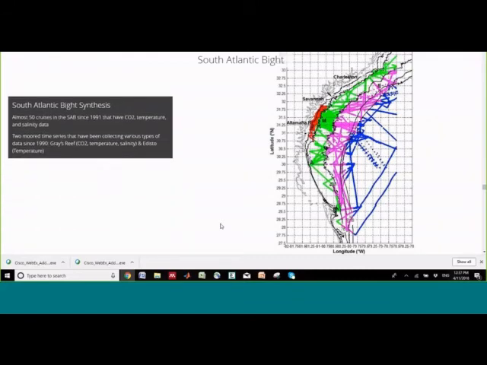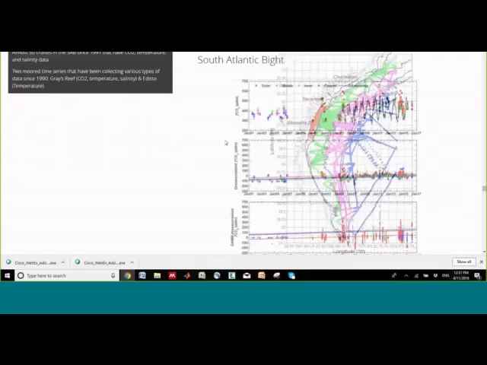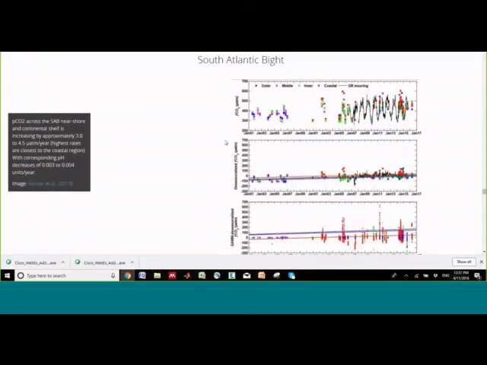Then taking that a step farther, we did a synthesis of over 50 cruises in the South Atlantic Bight, and we divided the system up into a coastal, inner shelf, middle shelf, and oceanic shelf, and also found that CO2 is increasing across the entire South Atlantic Bight region between 3 and 4.5 microatmospheres per year, which is a corresponding decrease in pH, or increase in acidity, of 0.003 to 0.004 pH units per year.